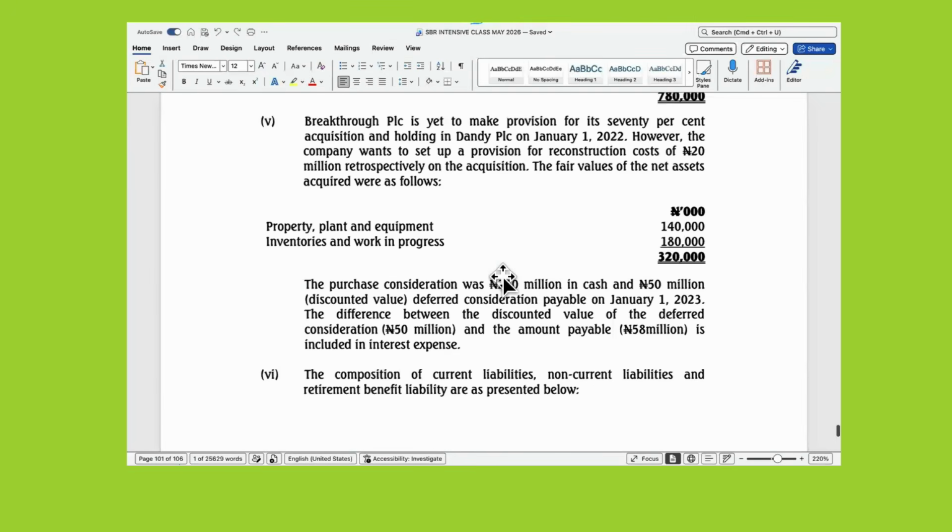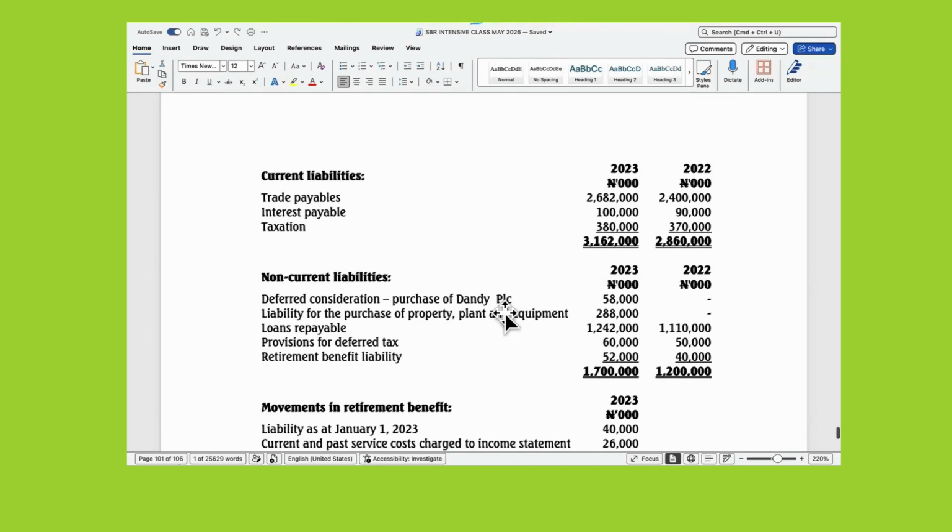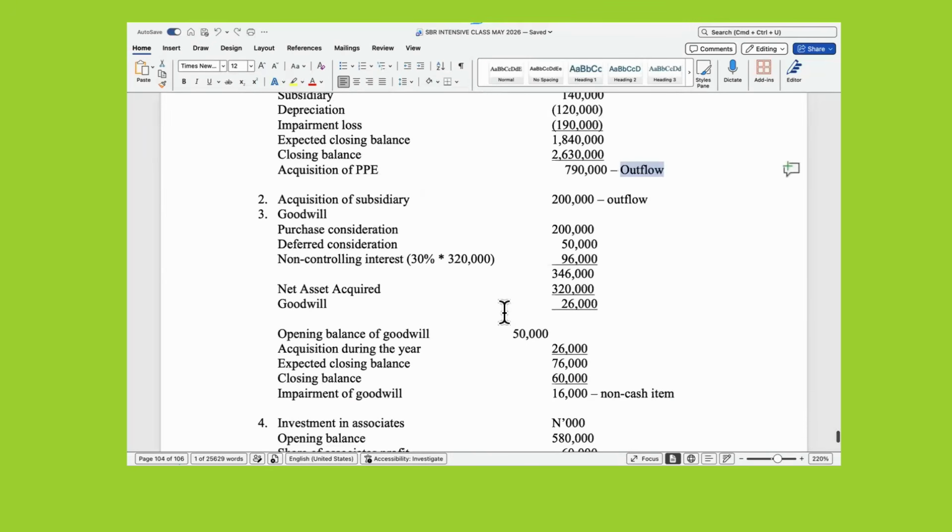I paid 200 million cash. The other 50 is different, I'm not paying that now. So the cash impact here is just this 200, and that's the only thing I captured there. For the asset I acquired, there was no cash. And that 200 would be an outflow.